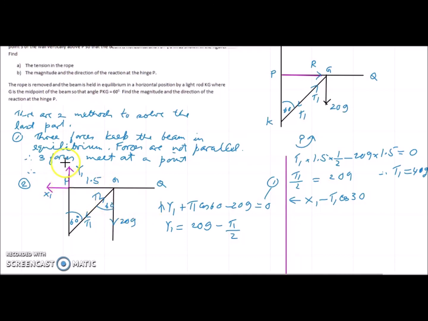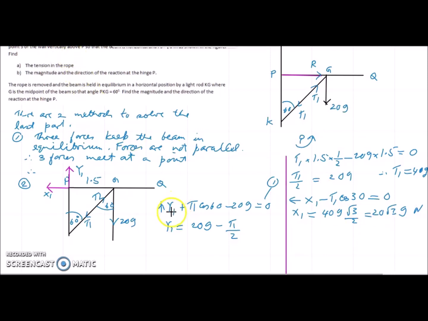The other two forces won't come. Therefore, x1 equals T1 cos 30. T1 is 40g, and cos 30 is root 3 over 2. We get x1 equals 20 root 3g newtons.